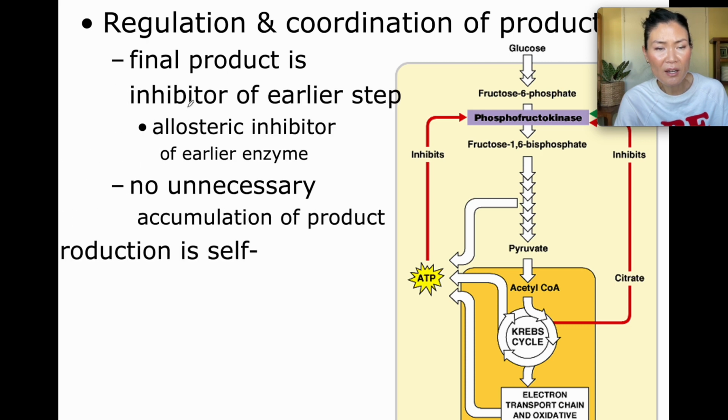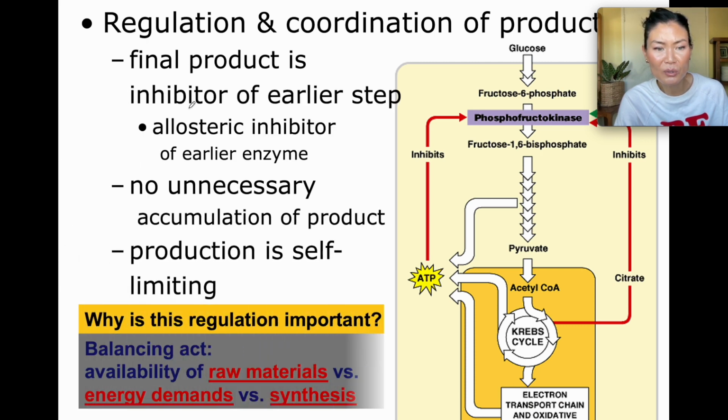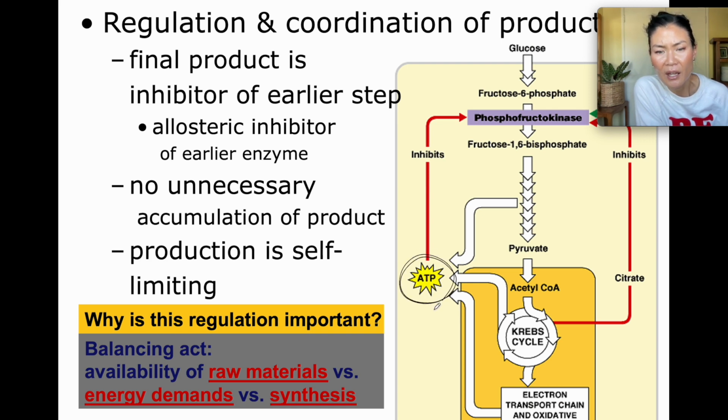So one thing that's kind of cool, okay, about the whole production of ATP is that ATP can be a non-competitive, or what we call an allosteric, inhibitor. Previously, when we talked about enzymes, they can be inhibited by inhibitors, right?